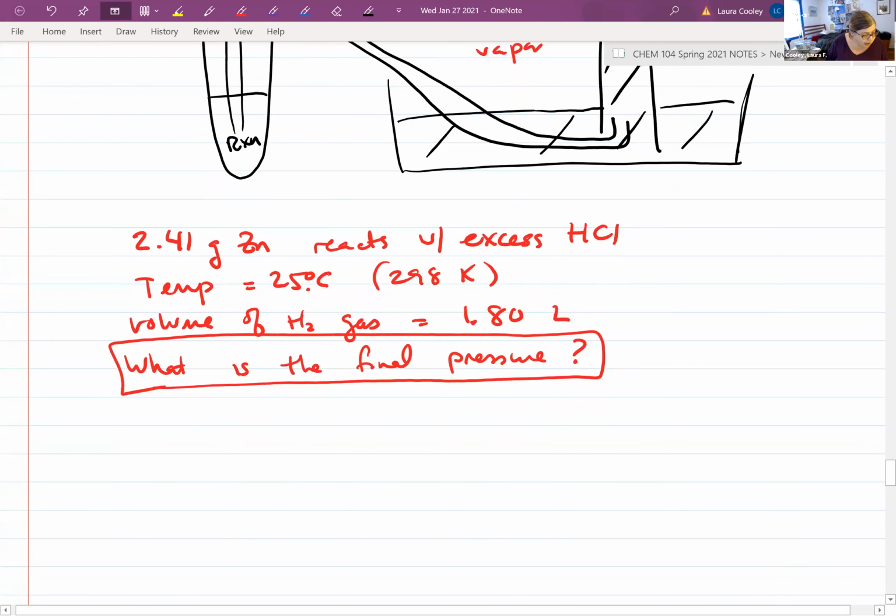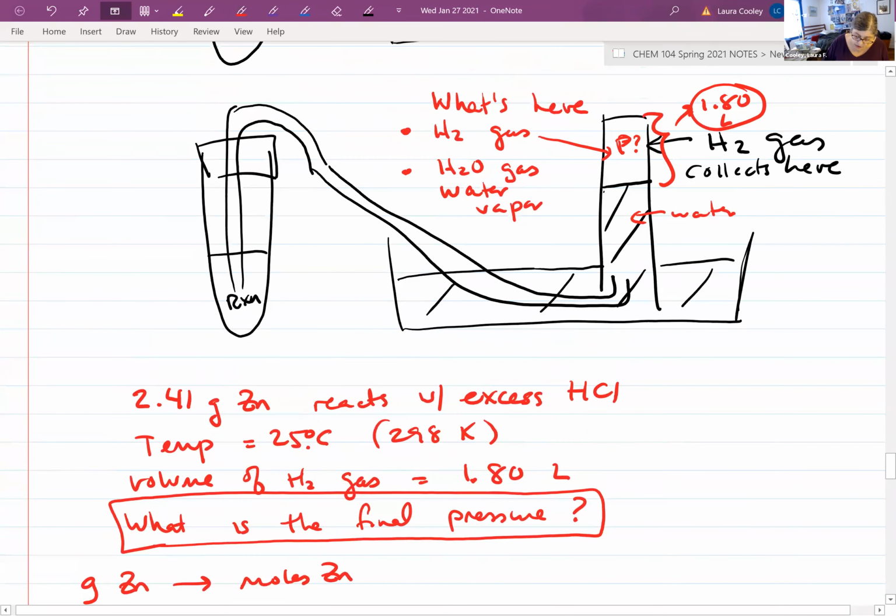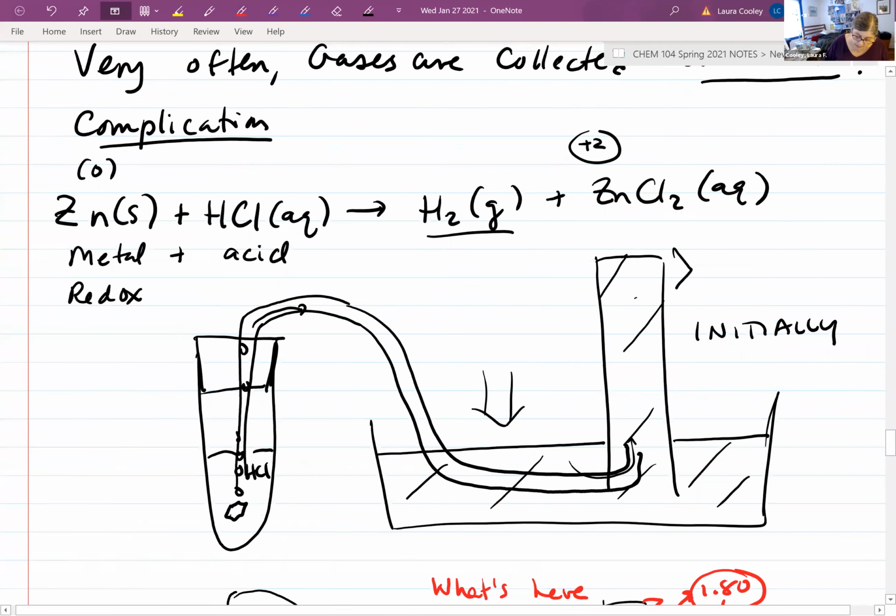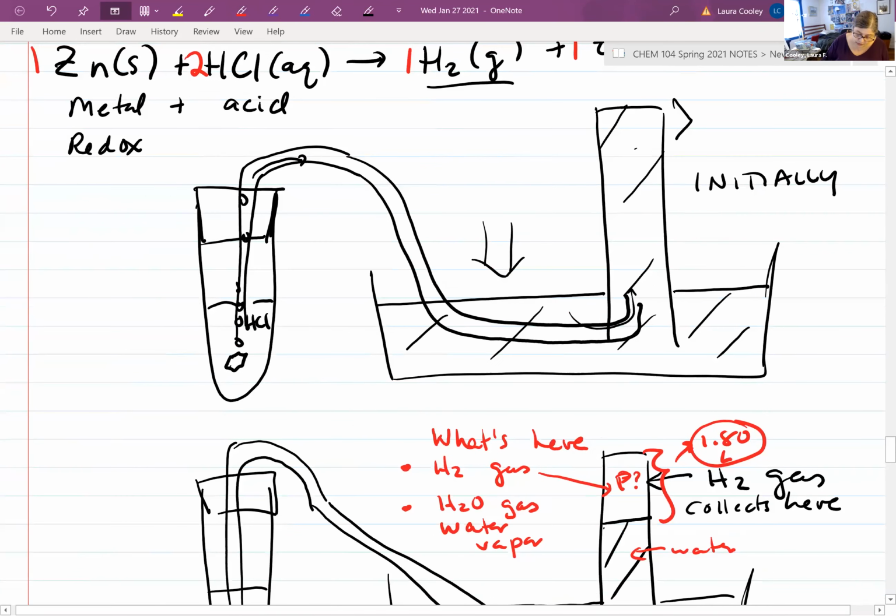How we're going to do this problem is we're going to take our grams of zinc and convert it to moles of zinc. Then we're going to use the stoichiometry of the problem to get the moles of H2.